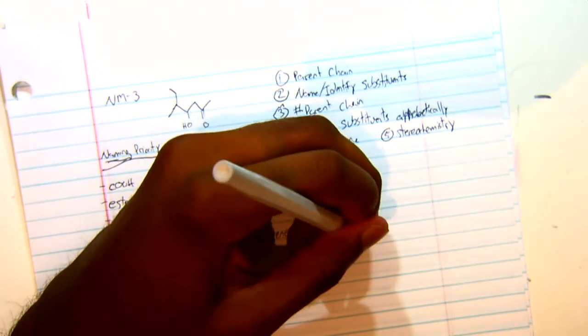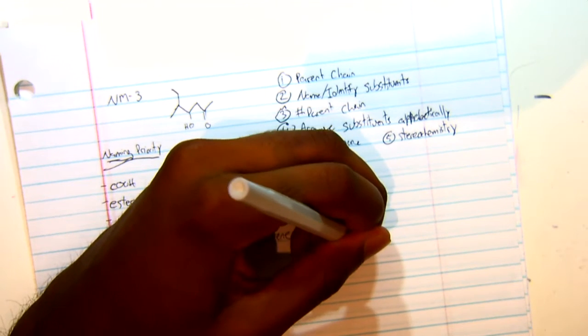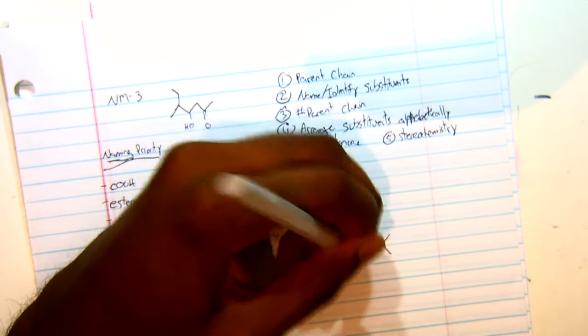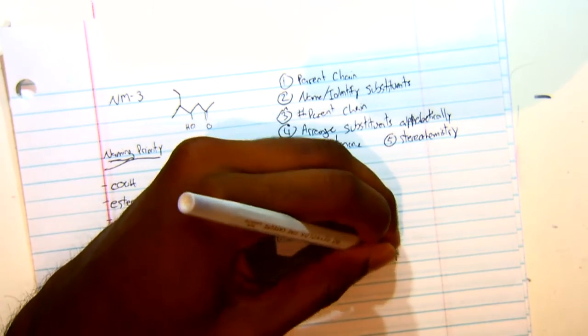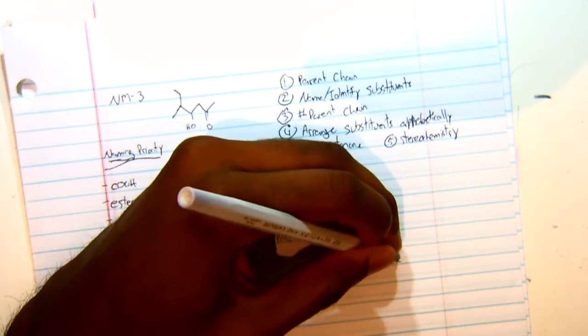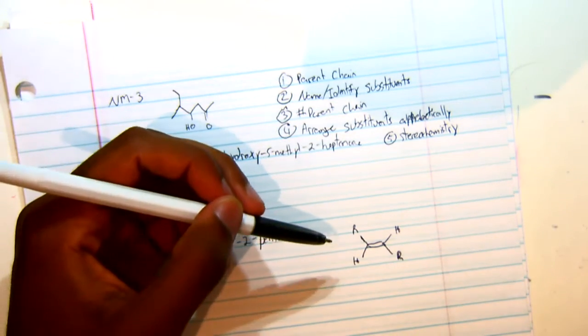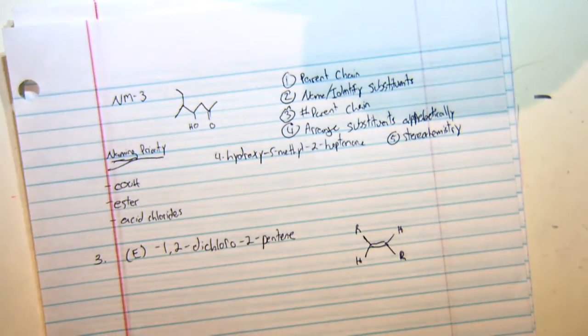So if I had, we'll do just a generic example, say my R group was here and an H, and then my R group was here and an H. Would this one be E or Z? Z? Good. So we're going to go with Z.